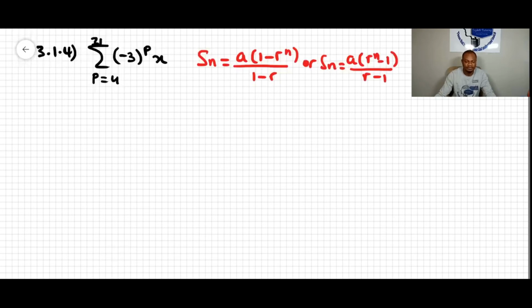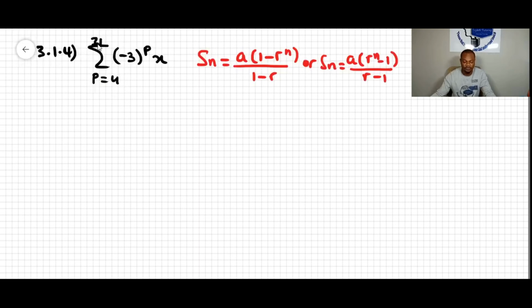Now we need to look at how many terms are here from 4 to 21. How do you calculate the number of terms from 4 to 21?